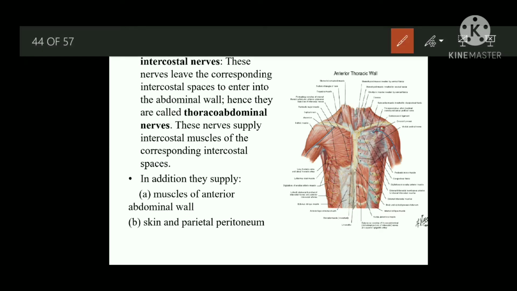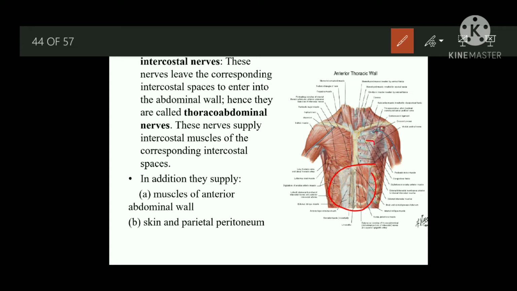The 7th to 11th intercostal nerves are known as thoraco-abdominal nerves, which leave the corresponding intercostal space to enter into the abdominal wall. They also supply the intercostal muscle, but in addition they supply the muscles of the anterior abdominal wall, the skin and the parietal peritoneum.